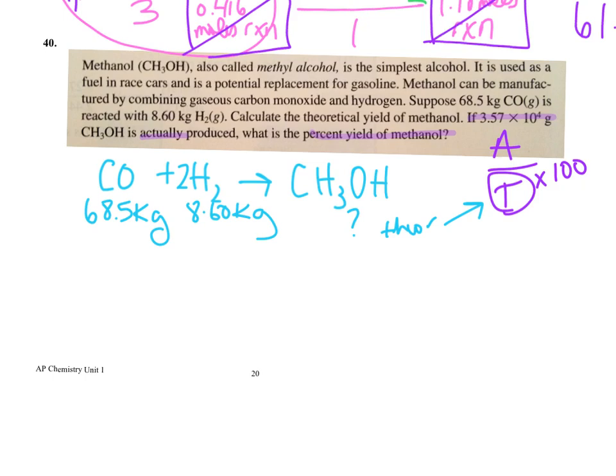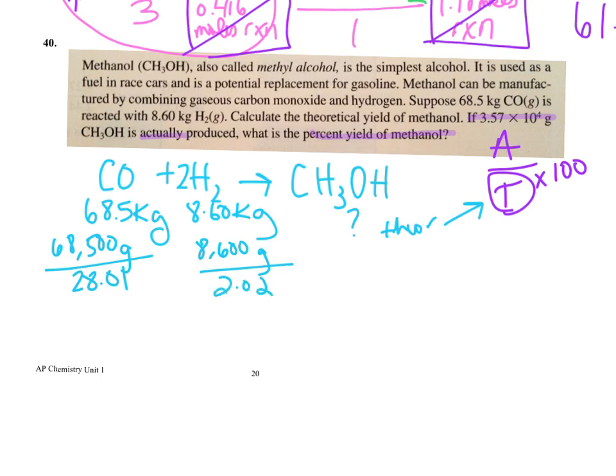my percent yield. So in order to know which one I'm going to do dimensional analysis from, I have to find the limiting reactant. So I'm going to convert those grams to moles. I'm just going to immediately make this 68,500 grams and 8,600 grams, and I'm going to divide each by the molar mass. The molar mass of CO is 28.01, and the molar mass of H2 is 2.02.